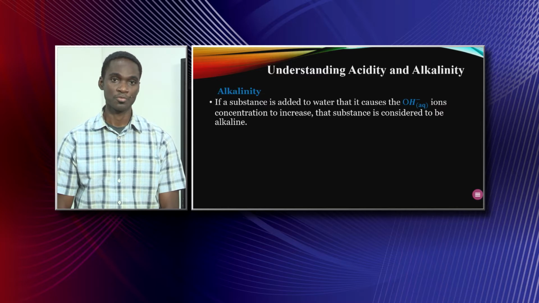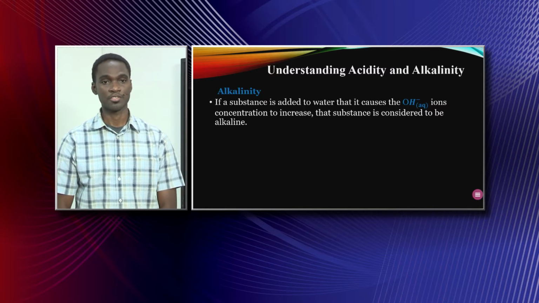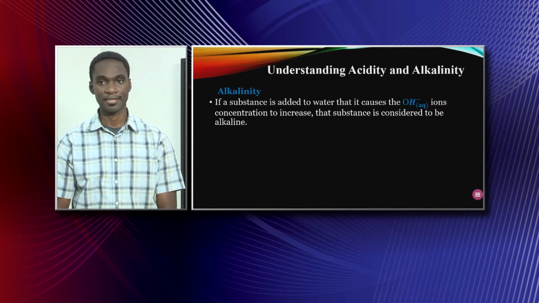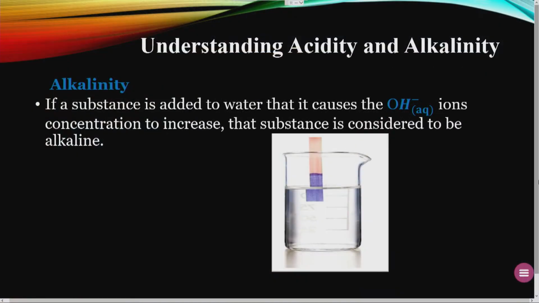Therefore, when a substance is added that produces OH minus ions or causes the OH minus ion concentration to increase, we would consider that substance to be alkaline. To test if the environment is alkaline, we use red litmus paper. If an environment is alkaline, it causes the red litmus paper to change to blue. This is a simple test to determine whether the solution or the environment is alkaline.